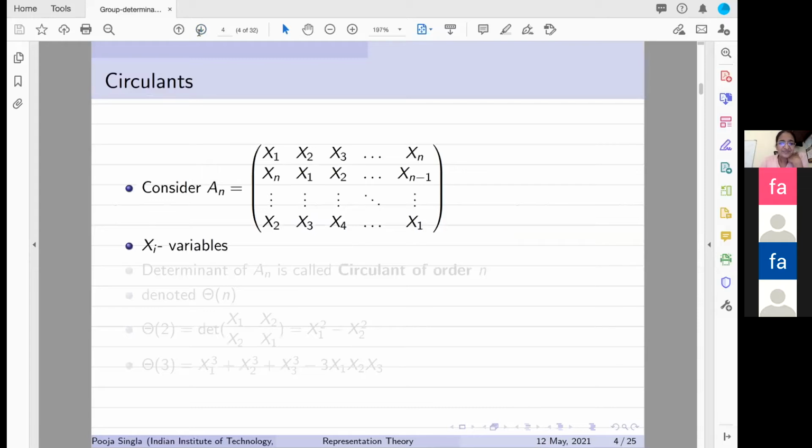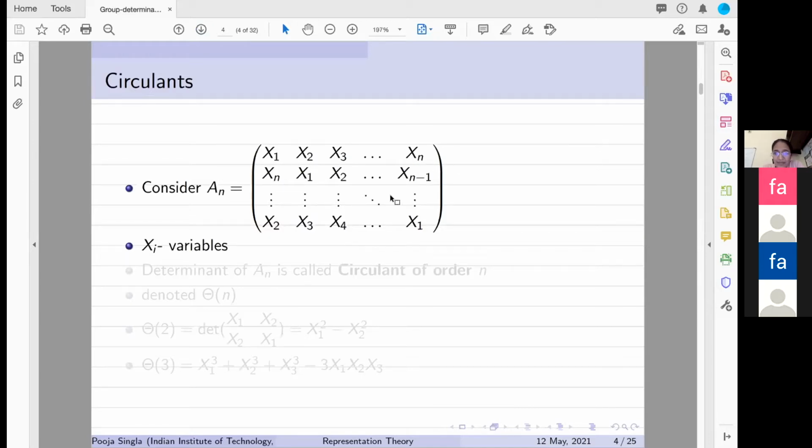And so for that, let's talk about these specific matrices. These are called circulants. The xi's are variables here. This is an n by n matrix. I hope the form of the matrix is clear. So this is x1, x2, x3, and so on up to xn. Then xn, x1, x2, and so on. This is cyclic.